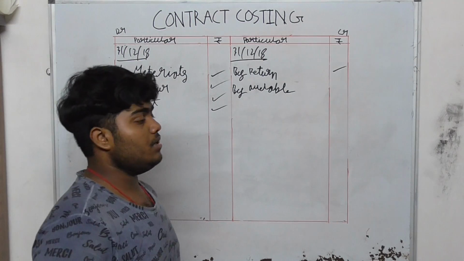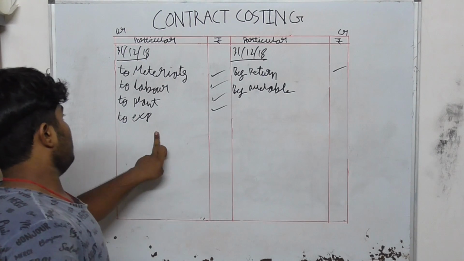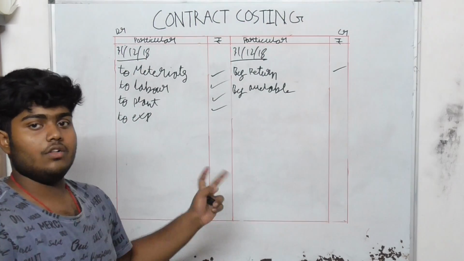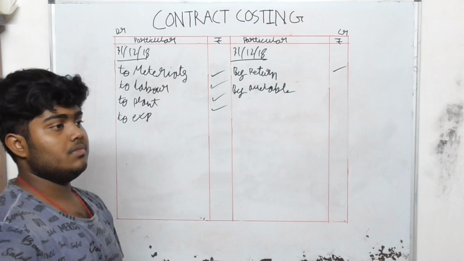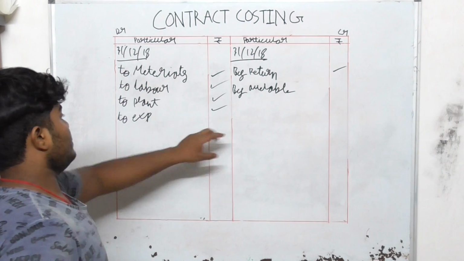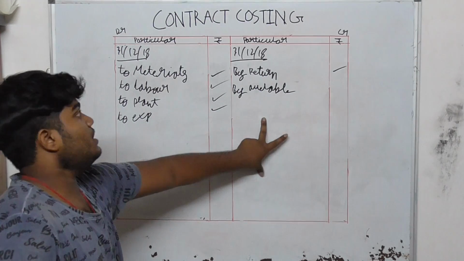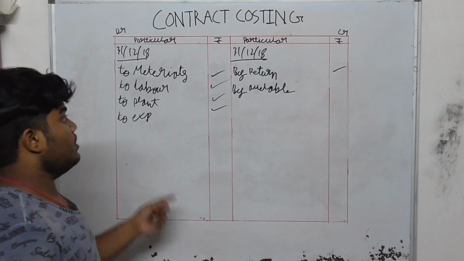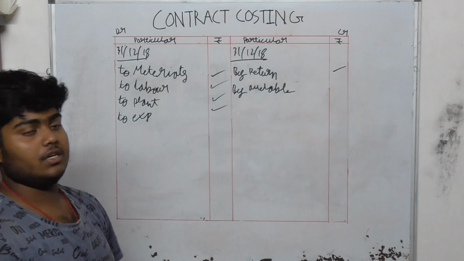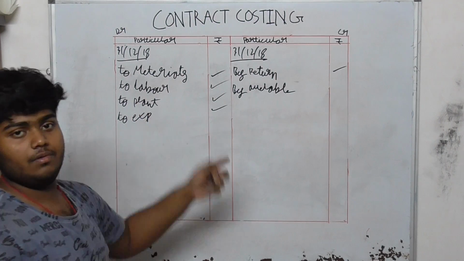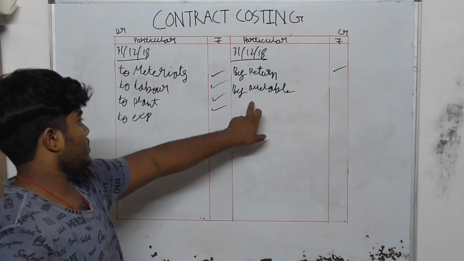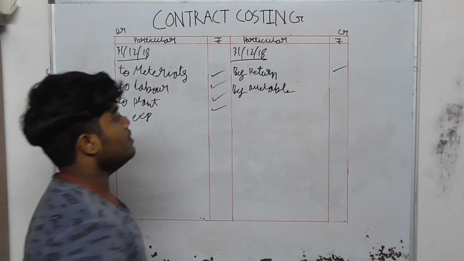And available is the plant. The plant will also be available till the last, like when the contract is completed, the plant will be removed from there. So the available is only the plant.